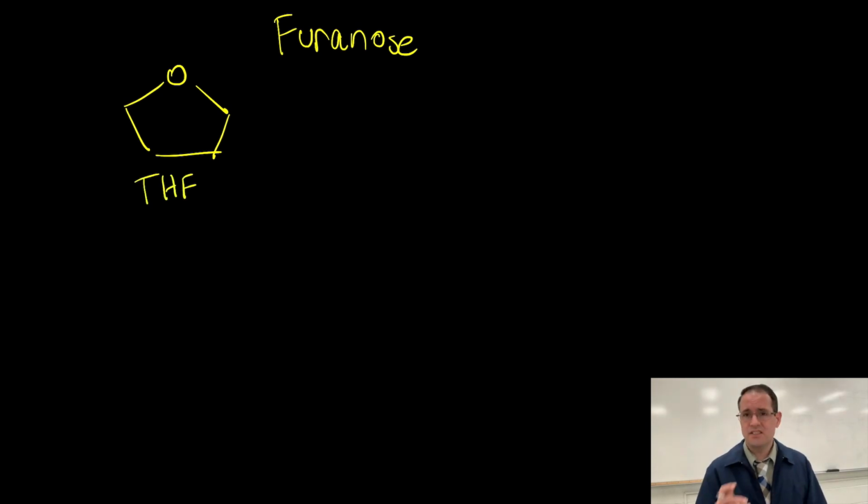We learned in General Chemistry 1 that it's a great polar aprotic solvent, and the F stands for furan. It's tetrahydrofuran. Okay. So a furanose ring is a 5-membered ring, a 5-membered cyclic ether.